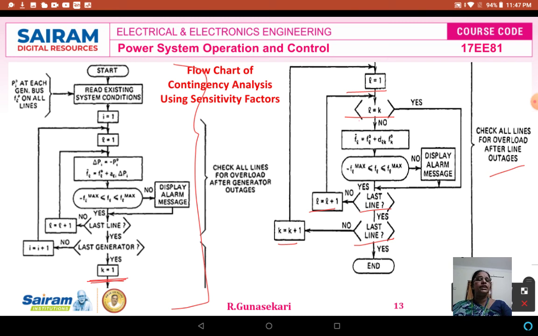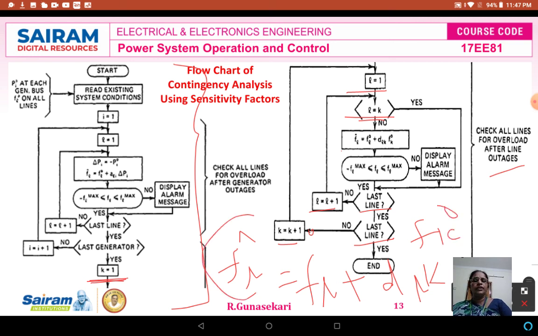If L is not equal to K, then the FL vector is equal to FL naught plus DLK into FK naught. That is, FL vector = FL0 + DLK × FK0. The FL vector is the line flow after the outage, of the monitoring line L with line K outage.